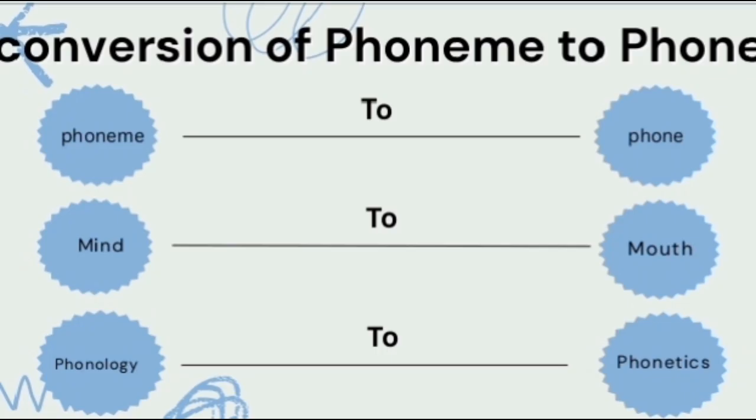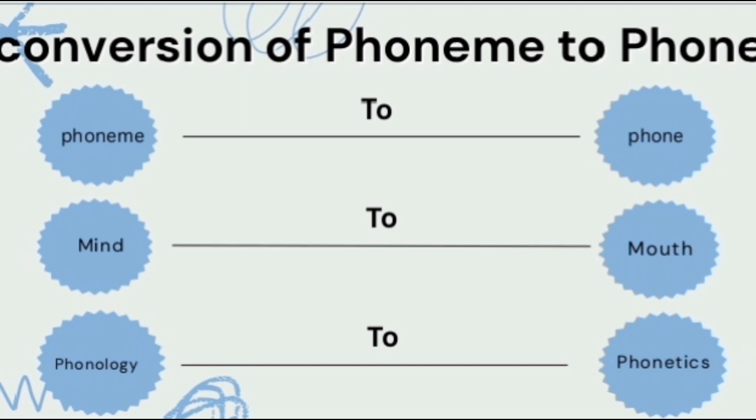Actually, phone and phoneme both are the same thing. How? When a sound is in our mind, that is known as a phoneme, because phoneme is an abstract sound. But whenever we utter or produce that sound, that is known as a phone.